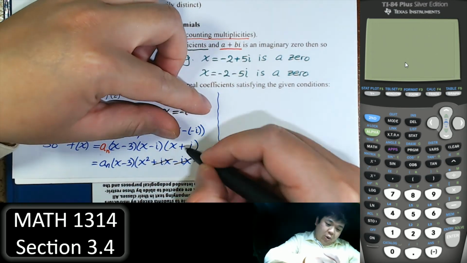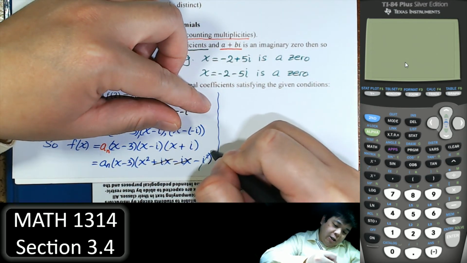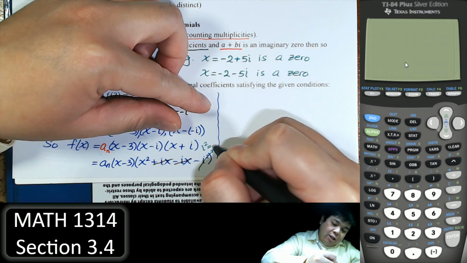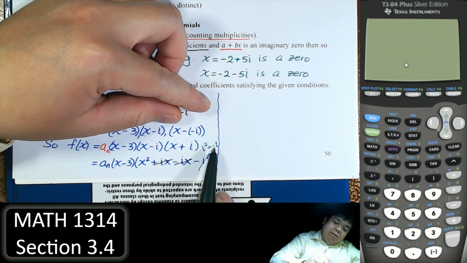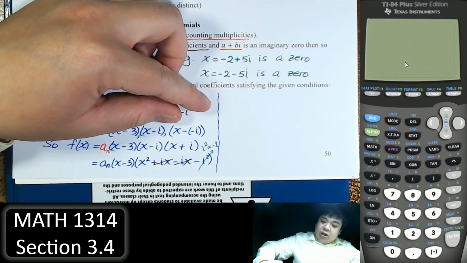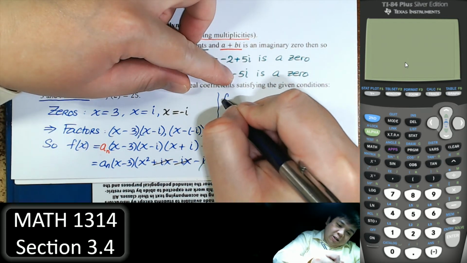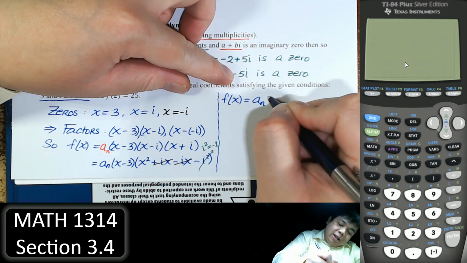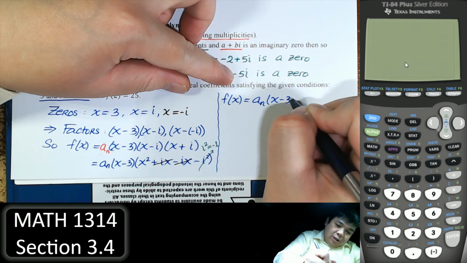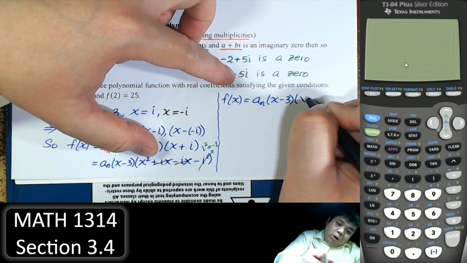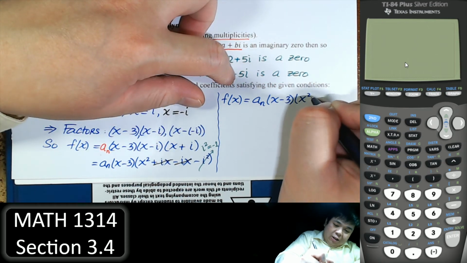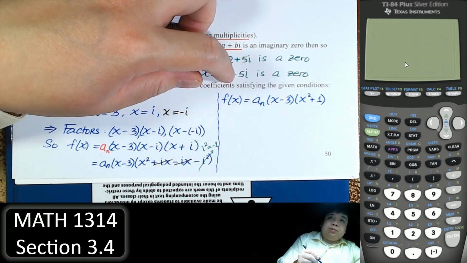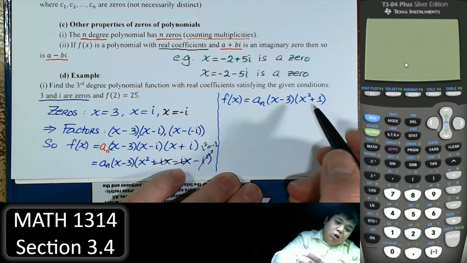And then i squared is equal to negative 1. So negative minus negative 1 is plus 1. So now f of x is just a sub n, x minus 3, and x squared plus 1.